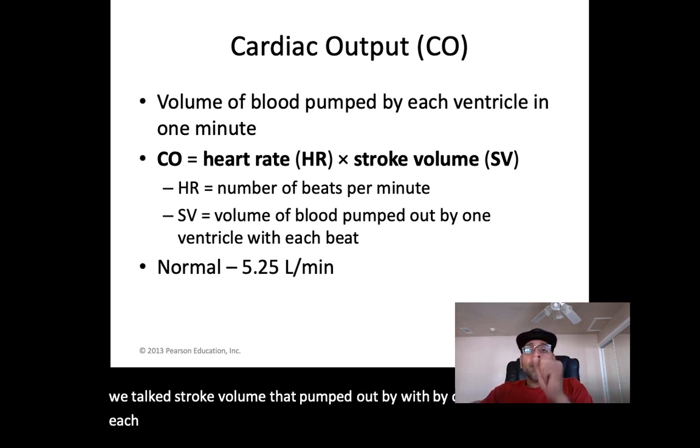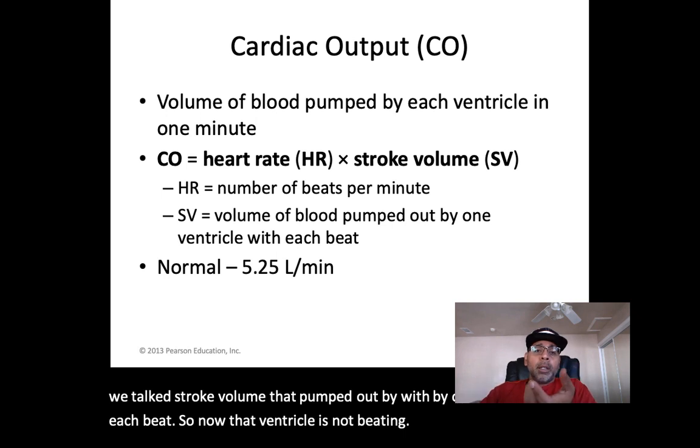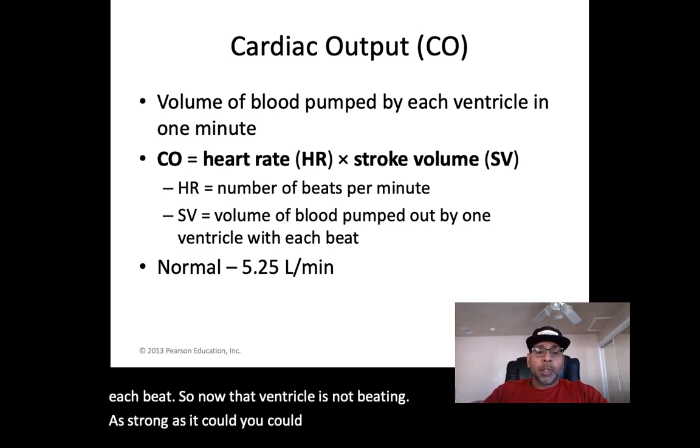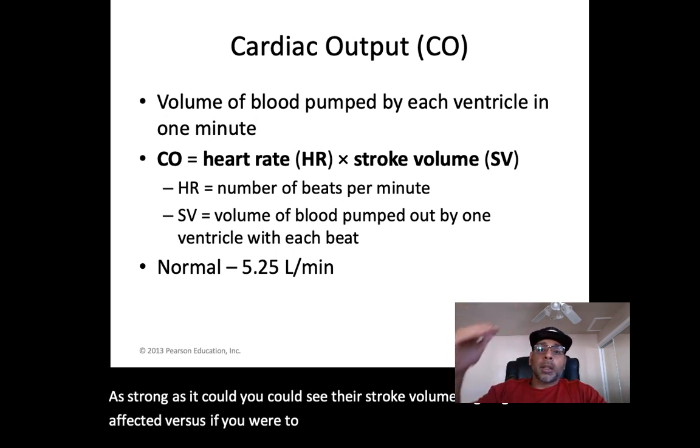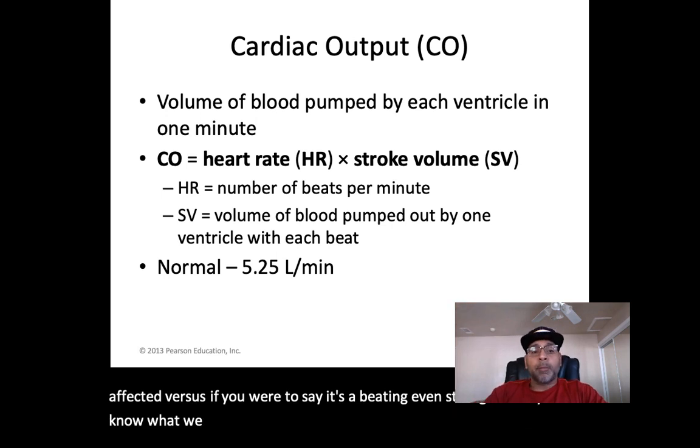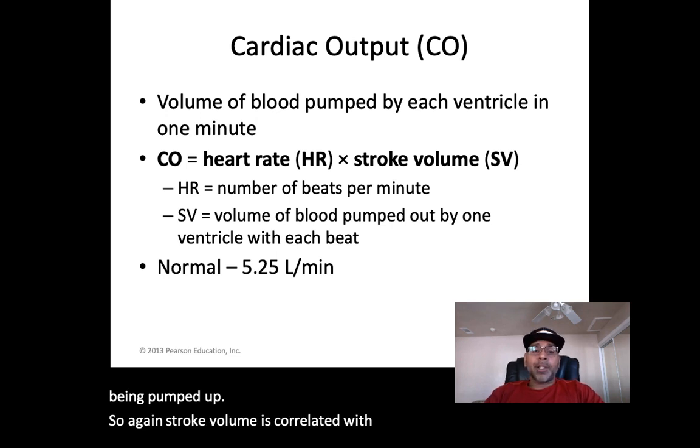If that ventricle is not beating as strong as it could, stroke volume is going to be affected. Versus if it's beating even stronger than what we want, then obviously we're going to have more blood being pumped out. So again, stroke volume is correlated with the force of ventricular contraction.